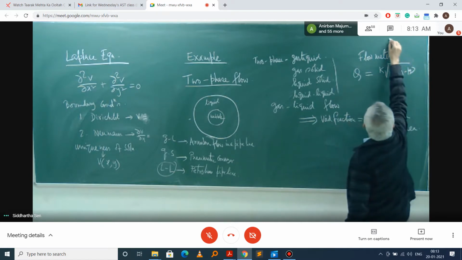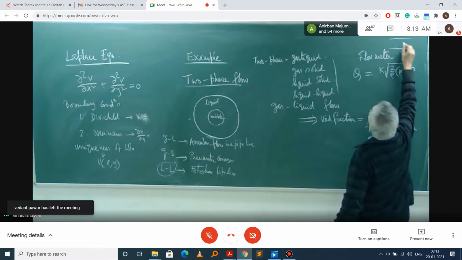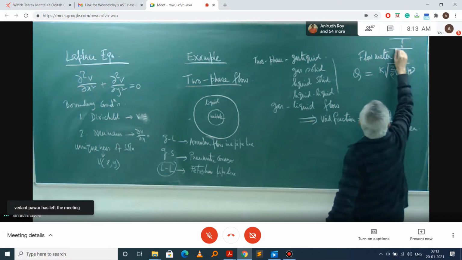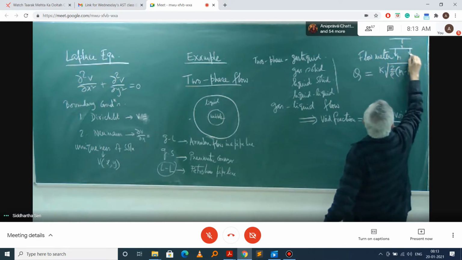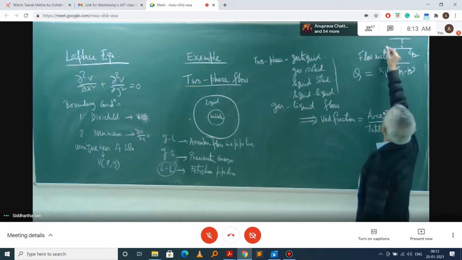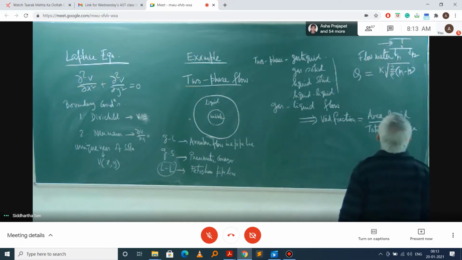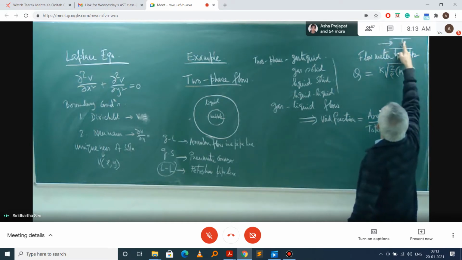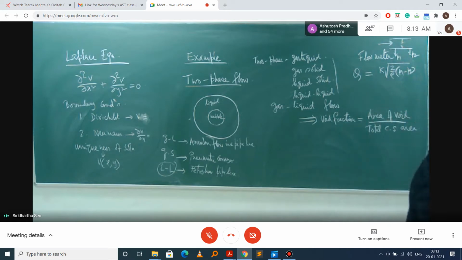That means we have an obstruction type flow meter. At this point you would know the pressure P1, and at this point P2, and this is your flow direction. And this is an obstruction, meaning either an orifice or a venturi or something like this.